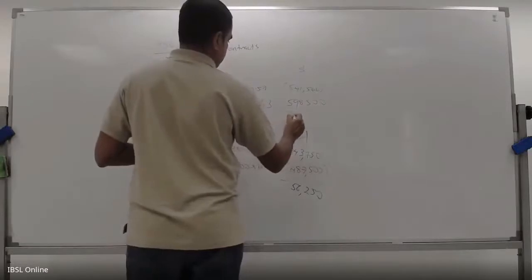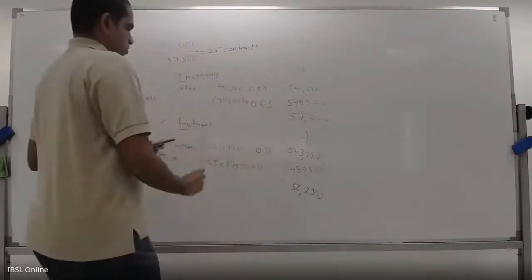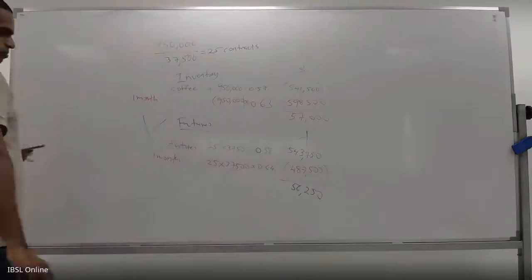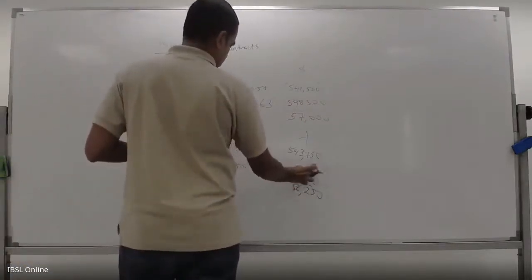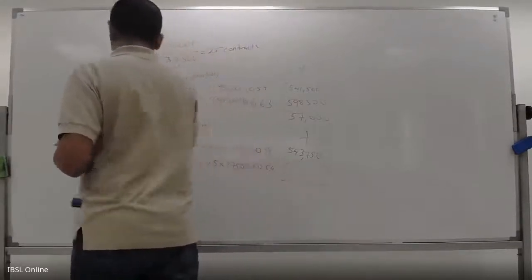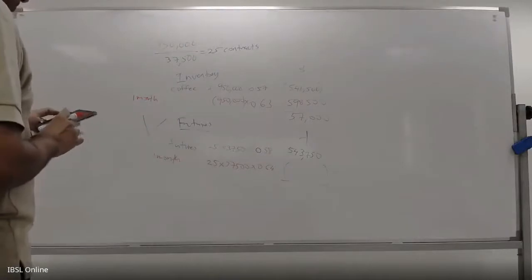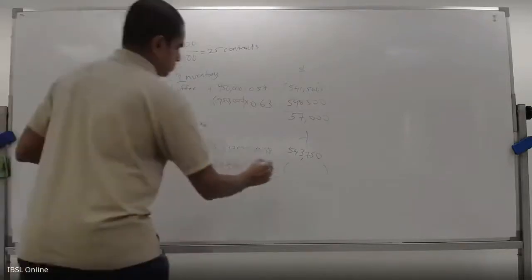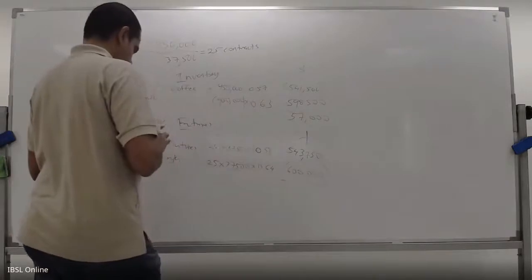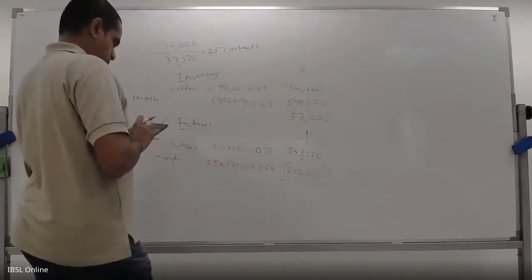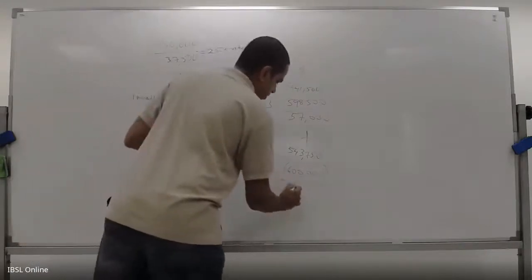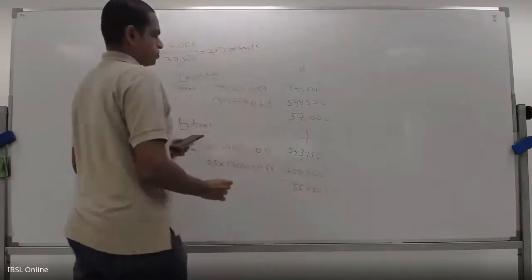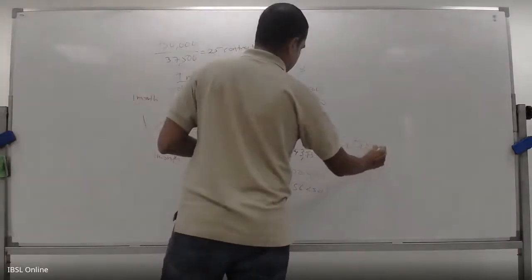Inventory gains $57,000, whereas futures will increase to 64. That will be a loss of $56,250.